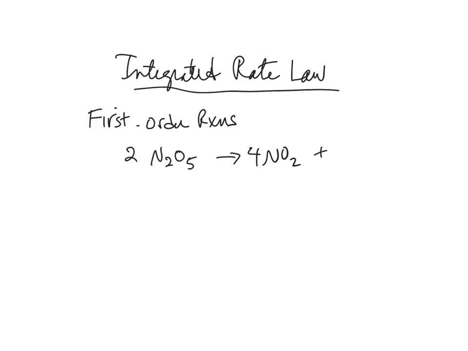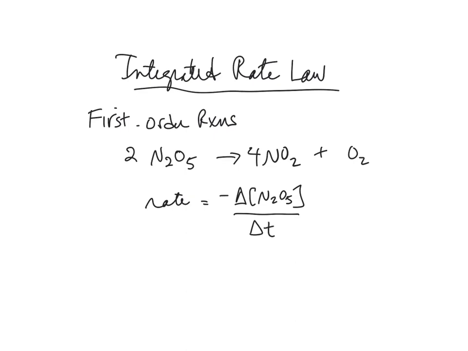It forms 4 NO2 plus O2. And remember we said that we could write the rate of this as being equal to the negative change in concentration of N2O5, negative because it's a reactant, divided by delta t.